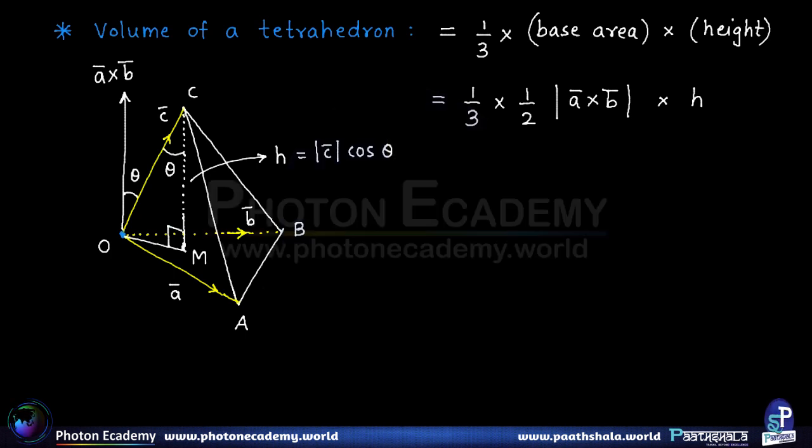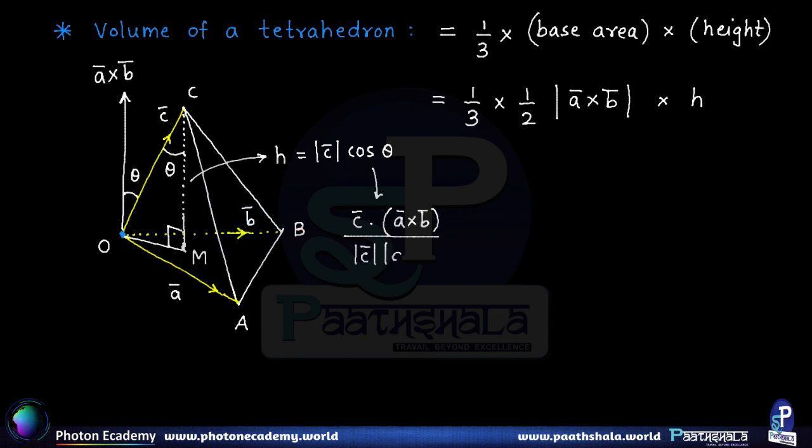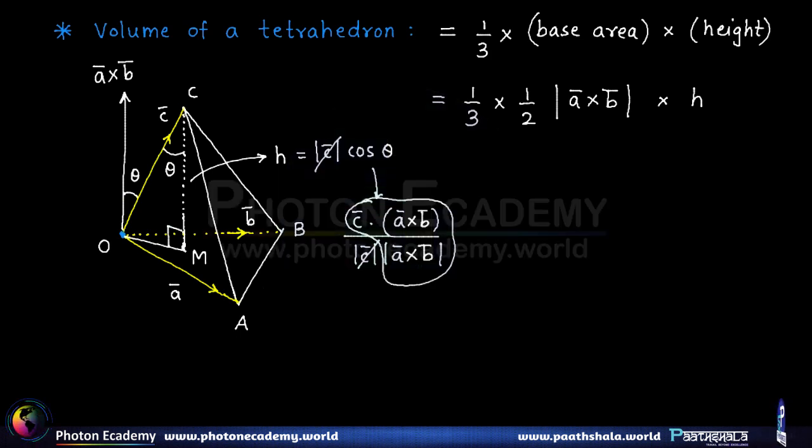And cos theta can be calculated as the angle between C bar and A bar cross B bar. So we can write that as C bar dot A bar cross B bar divided by mod C into mod of A bar cross B bar. Right? So the mod C and mod C will get cancelled, leaving h equal to C bar dot A bar cross B bar divided by mod of A bar cross B bar.